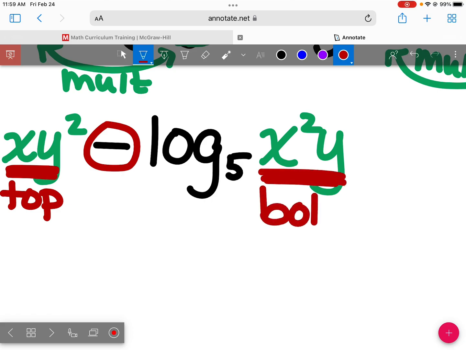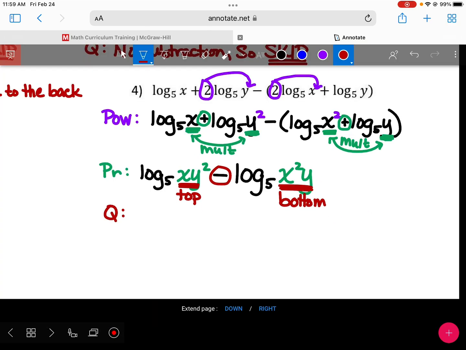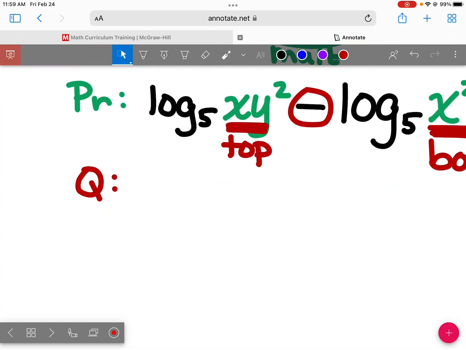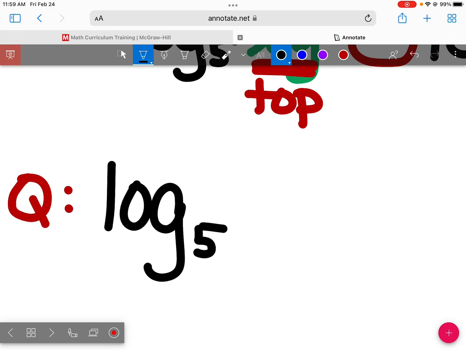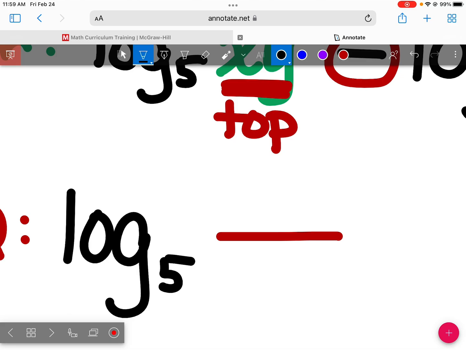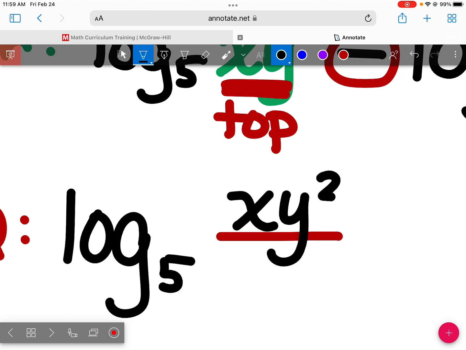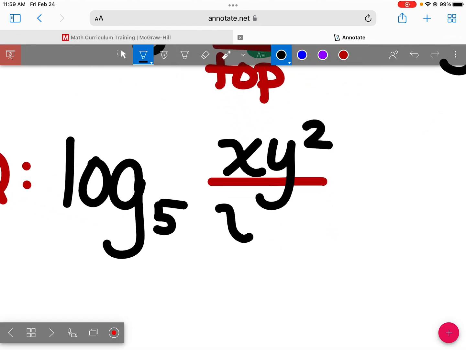Denominator, this one goes on the bottom. How many logs will I have? Just 1. So I have log base 5, and then I have my fraction as the argument. What goes up on top? x y squared. What goes on the bottom? x squared y.